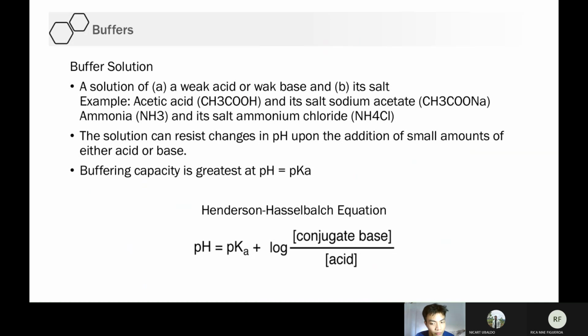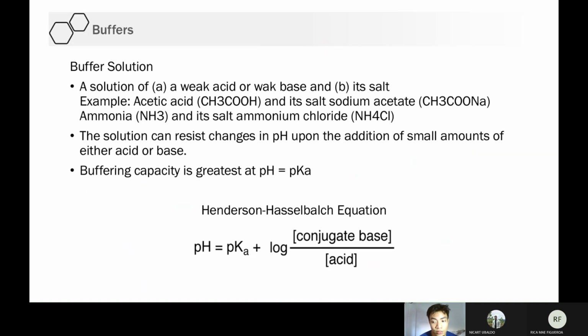So, when we say buffer solution, it technically means that it is a solution that contains weak acid or weak base and its conjugate acid or base or its salt, no? So ano ba yung importance nitong buffer? So buffer helps us to maintain the pH, okay? So nakakatulong siya para hindi magbago yung pH agad-agad. And buffers are present sa ating katawan, okay?